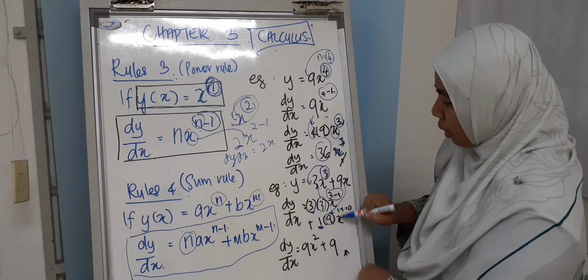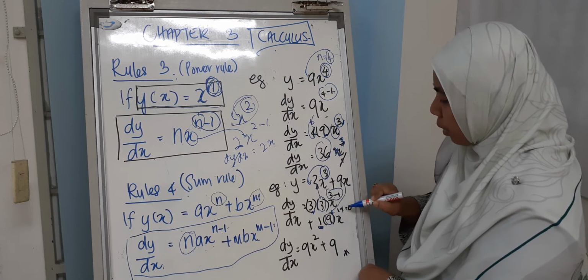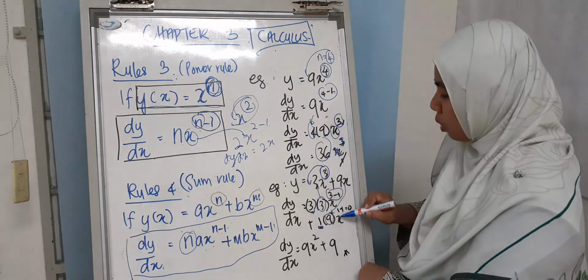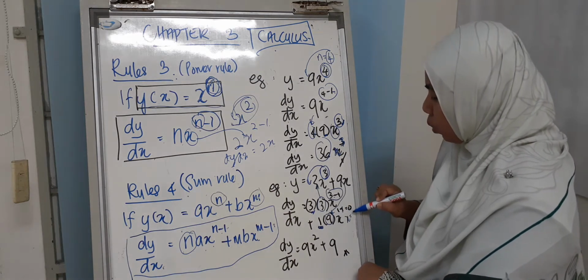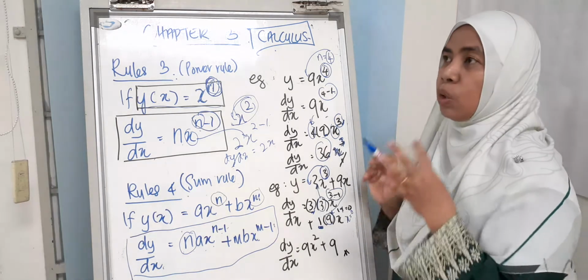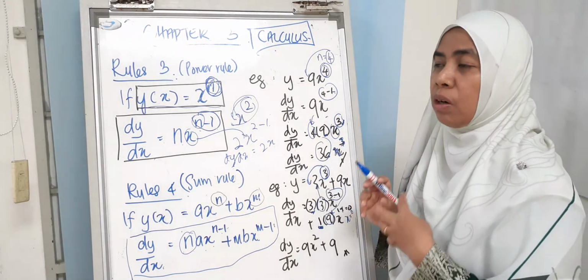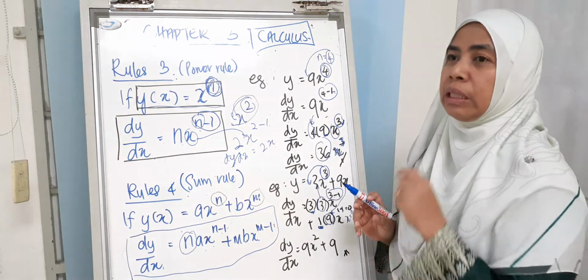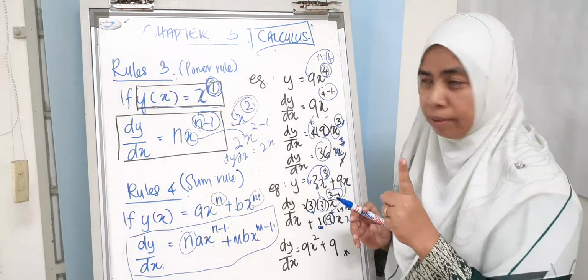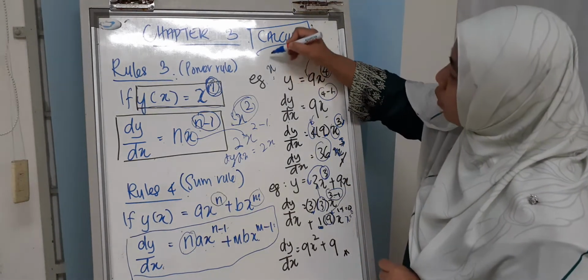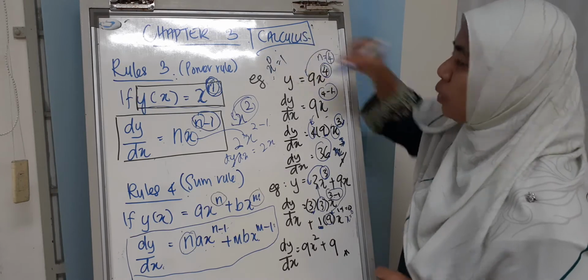So x to the power of 1 minus 1 will be 0. So x to the power of 0, that means the value is 1, right? x to the power of 0, the value is 1.